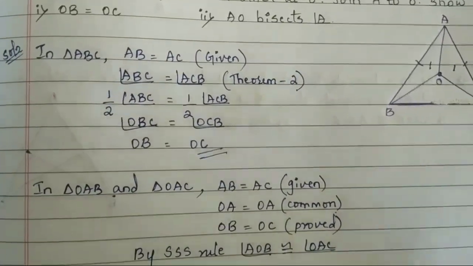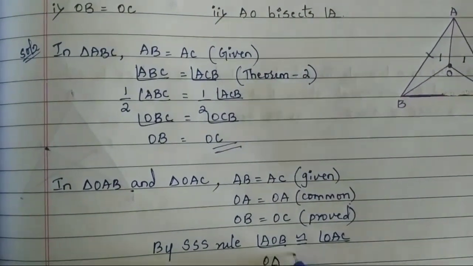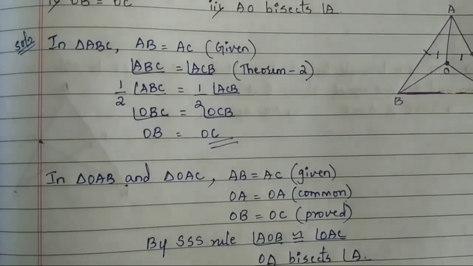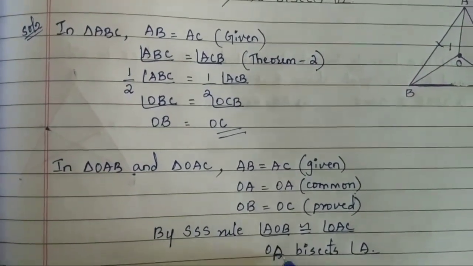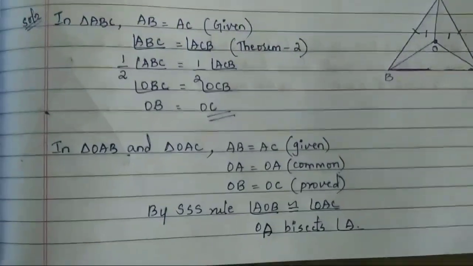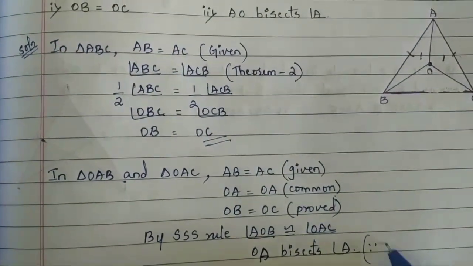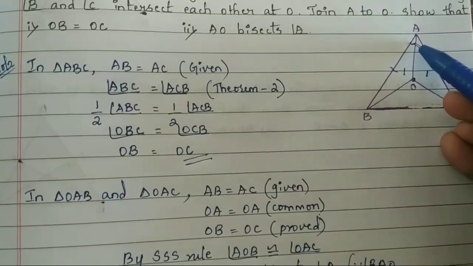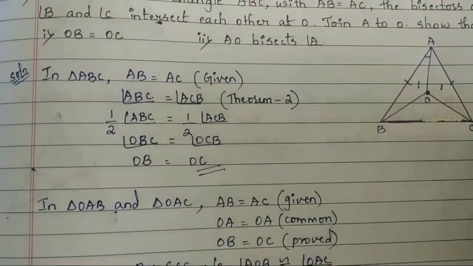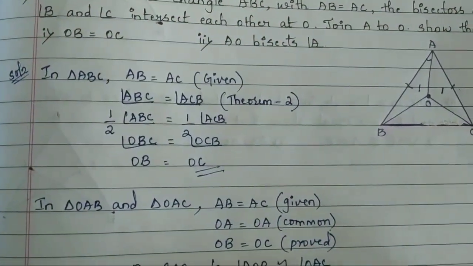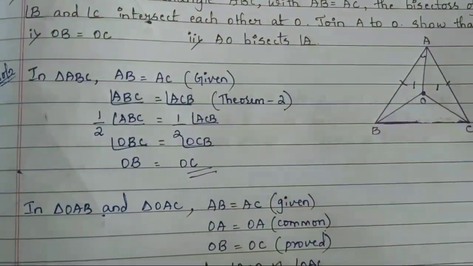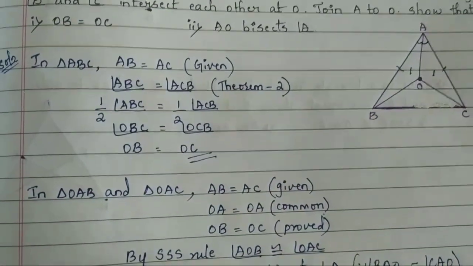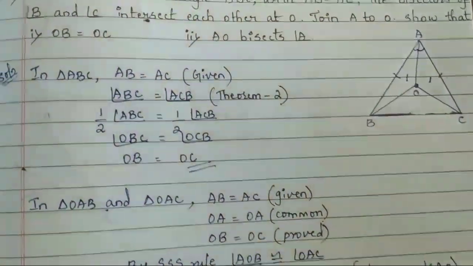So by this we can say that OA bisects angle A, since angle BAO is equal to angle CAO. As both the angles are equal, OA is the line which is bisecting this angle into half.